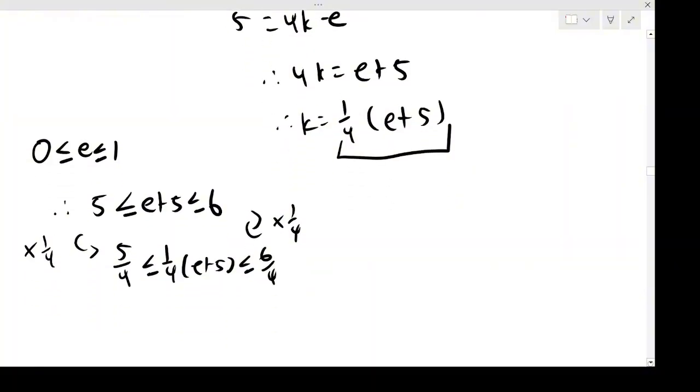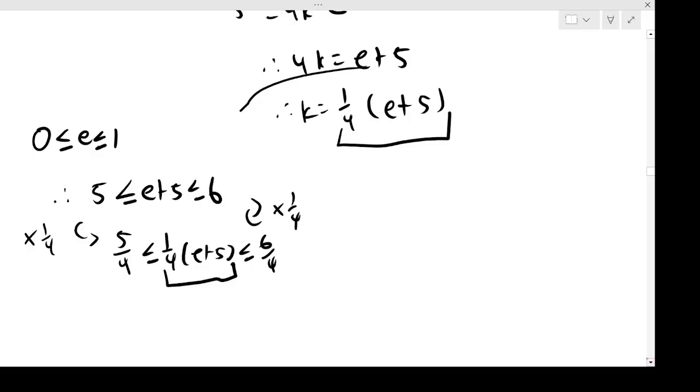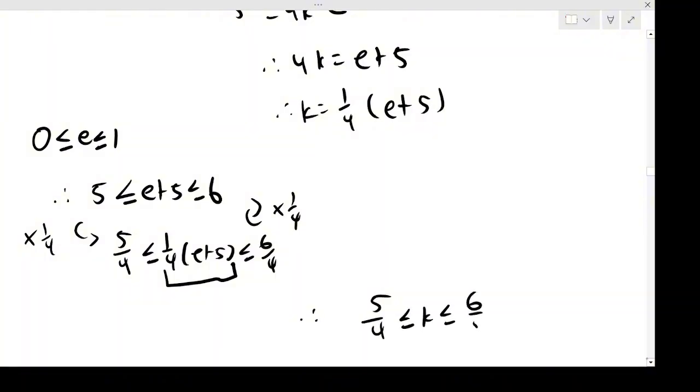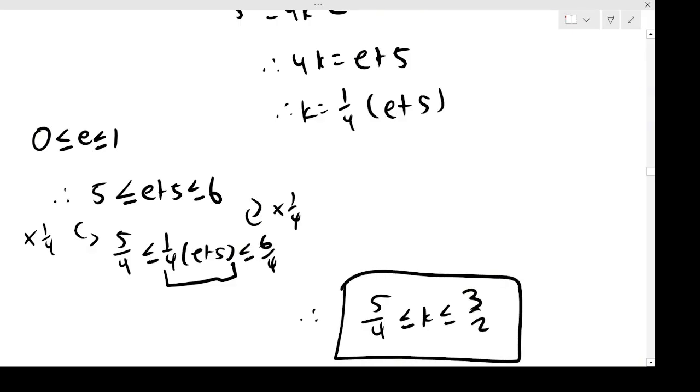And actually, this expression is k. So then we can finally say that k is between 5 over 4 and 6 over 4. And actually 6 over 4 cancels down to 3 over 2. And that is the inequality they wanted in the question.